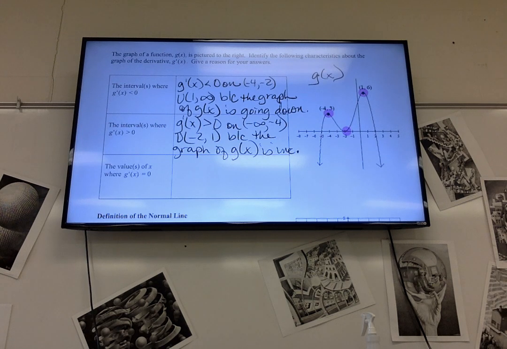So g prime of x equals 0 when x equals -4, -2, and 1, because g of x has relative max or mins at those points.